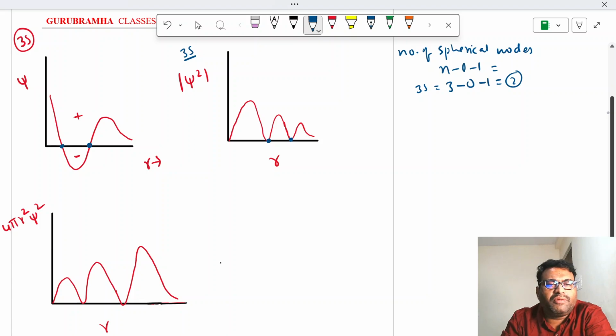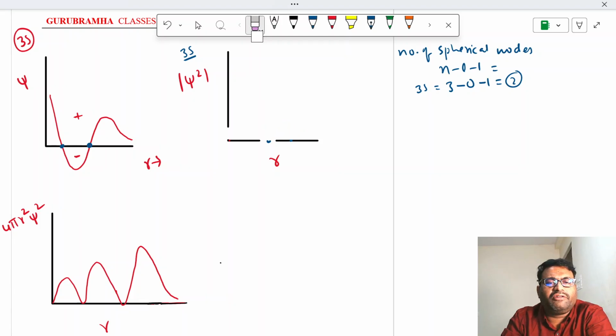Always remember that when there are more than one peak, the graph will be like this: 1, 2, and 3. Always it will be in descending order.